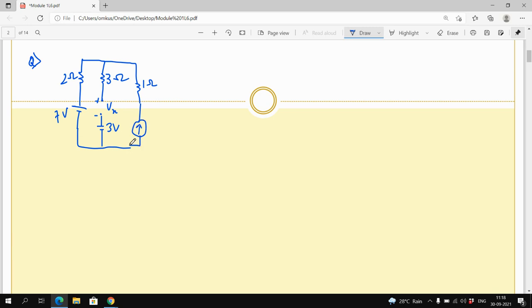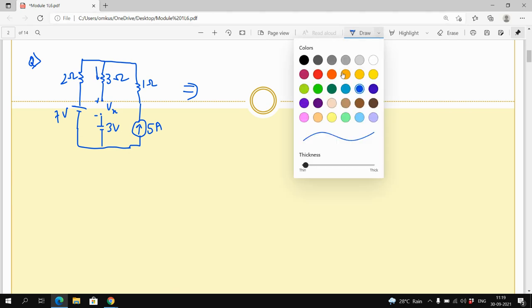Now, in the question you have to calculate Vx, right? These elements are given to you, and you have to find Vx. So how to find Vx? See, this is open circuited, so the current flowing in this circuit is zero.